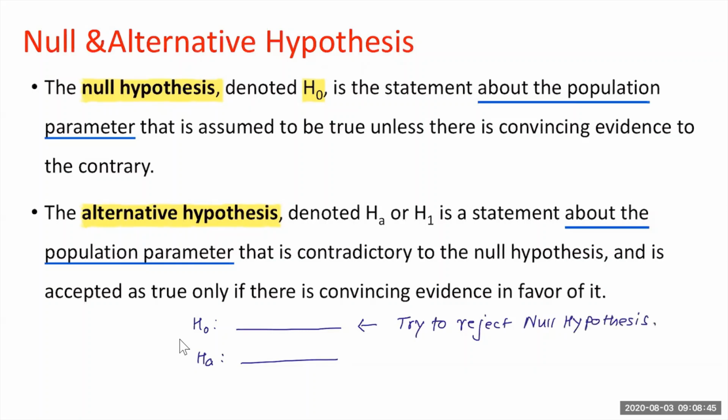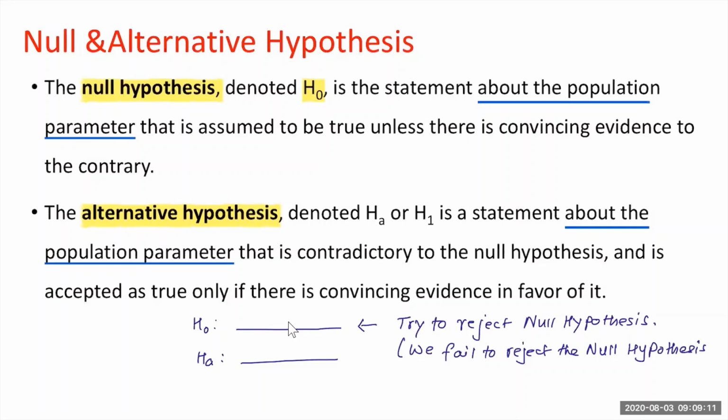We assume that it is true, but we'll perform the test and we try to reject this. You may or may not be able to reject it. If you are not able to reject it, then we say that we fail to reject the null hypothesis.